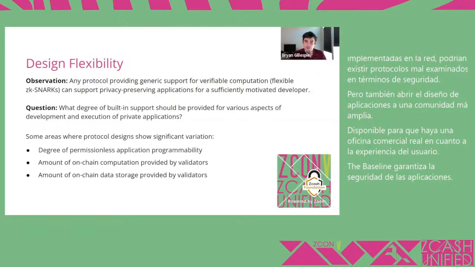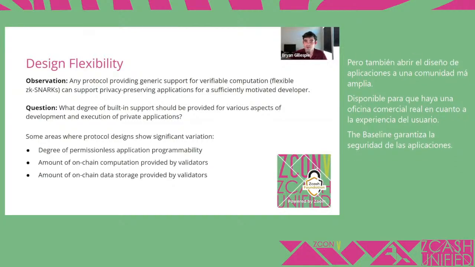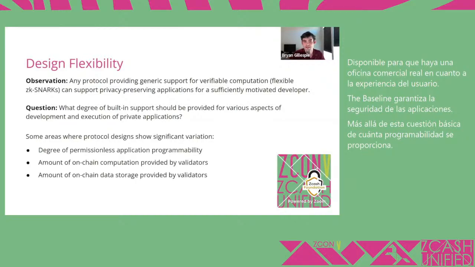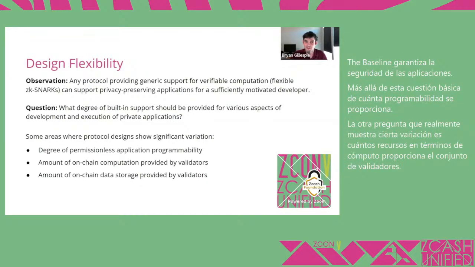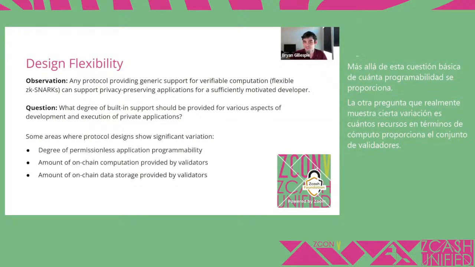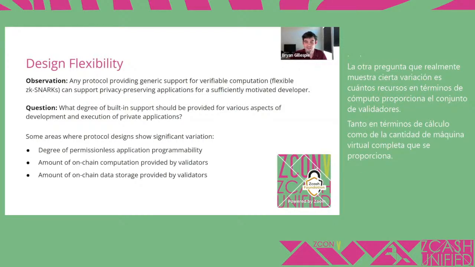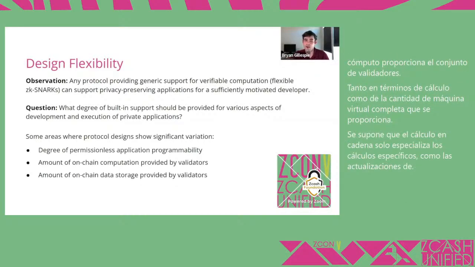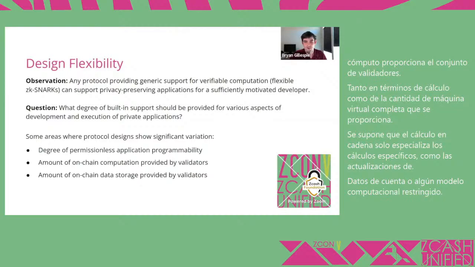Beyond this basic question of how much programmability is provided, the other question that really shows some variation is how many resources in terms of compute are provided by the validator set, both in terms of computation, so how much of a full-fledged virtual machine is provided for on-chain computation, as opposed to just specialized computations like updates of account data or some restricted computational model, and especially on-chain data storage, which of course is an issue for all blockchains that are providing some generic computation.